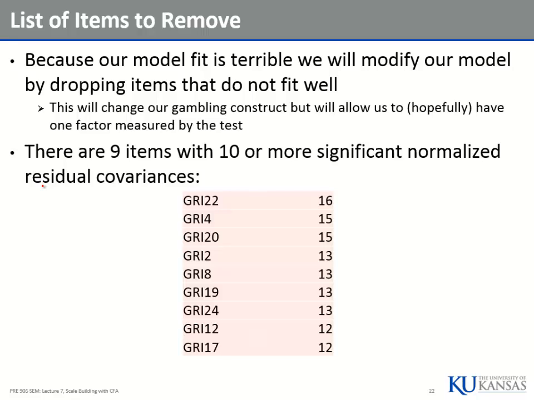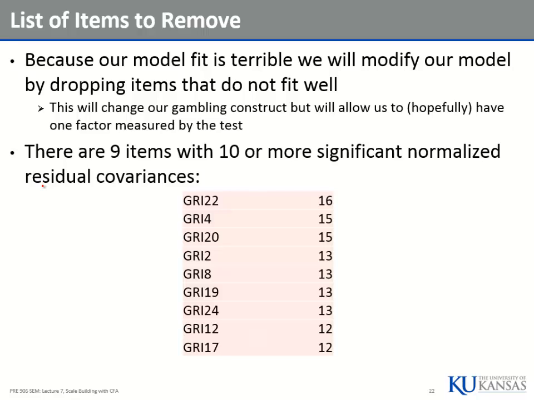And lo and behold, item 22 had 16 values, right? There were 24 items on the test. That means item 22 did not have good fit with all but 8 of them. It didn't fit well with 16, it fit okay with 8. So I'm like, that's a candidate to get that item out of here. It seems like it's doing really badly.